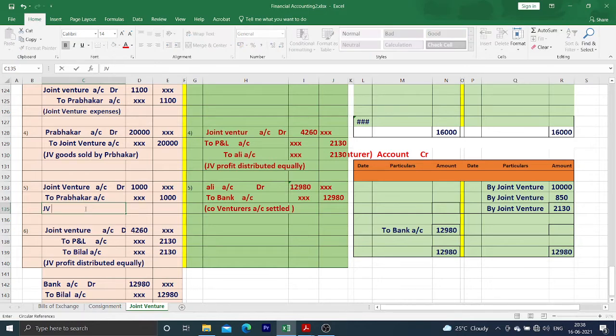So instead of that, open the video and find out how the procedure is going. Joint venture commission. Right, so look at the journal entries wise.